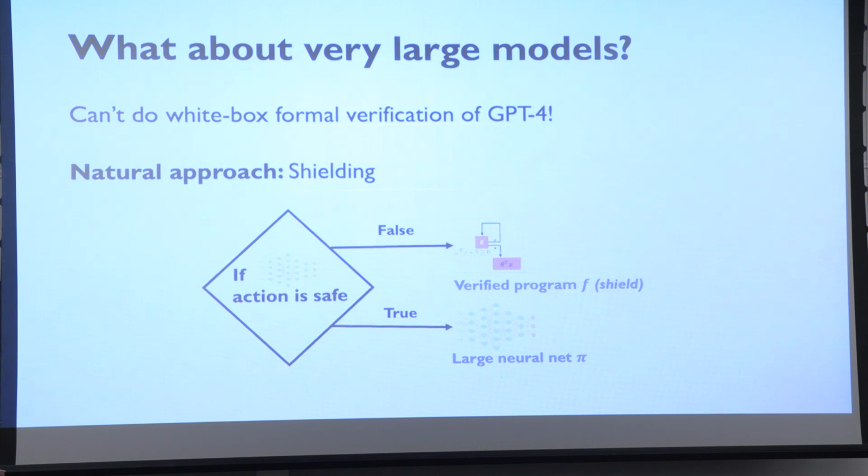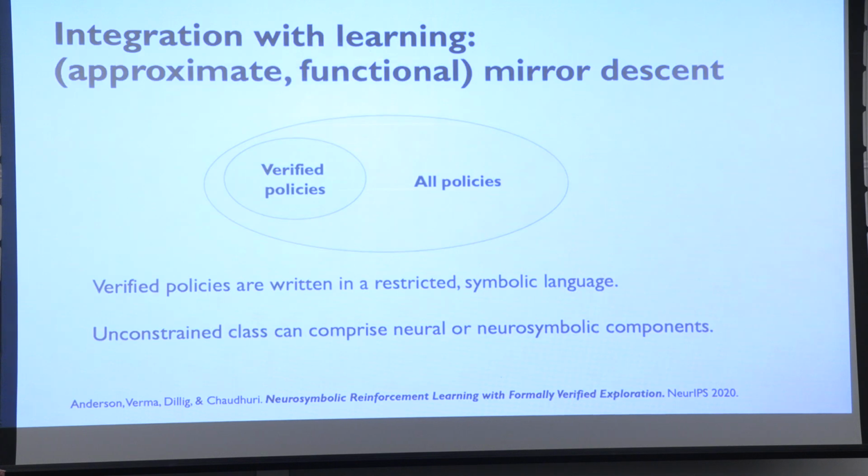And we have a line of work where this idea is developed quite a bit. Rather than just using a single fallback program, which would be inefficient, you have a range of possibilities to choose from. And so the basic idea is something like this. Imagine that you have this set, which is all possible functions that you can use to execute in the world. So this is the set of all possible policies. And you have a subset of that.